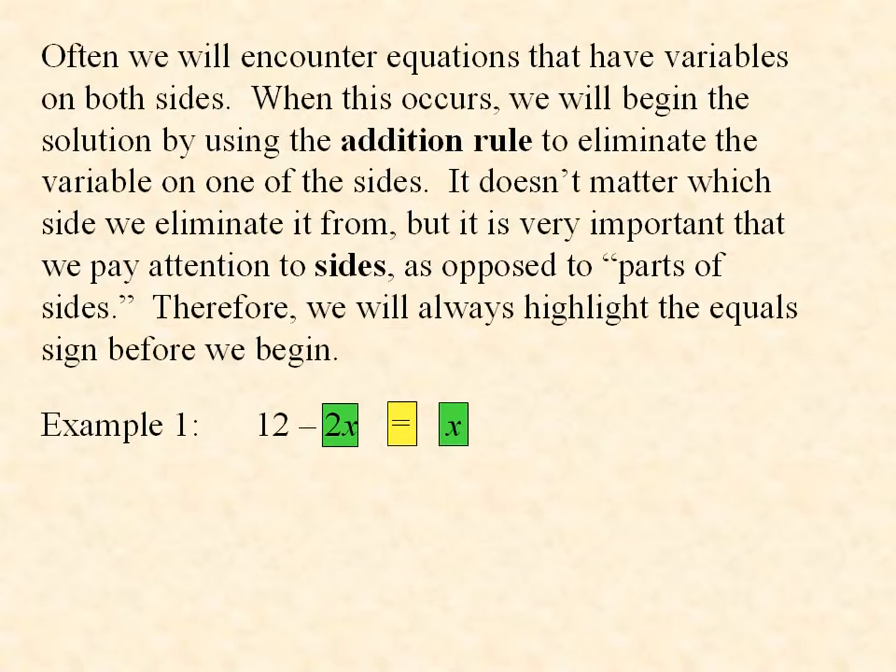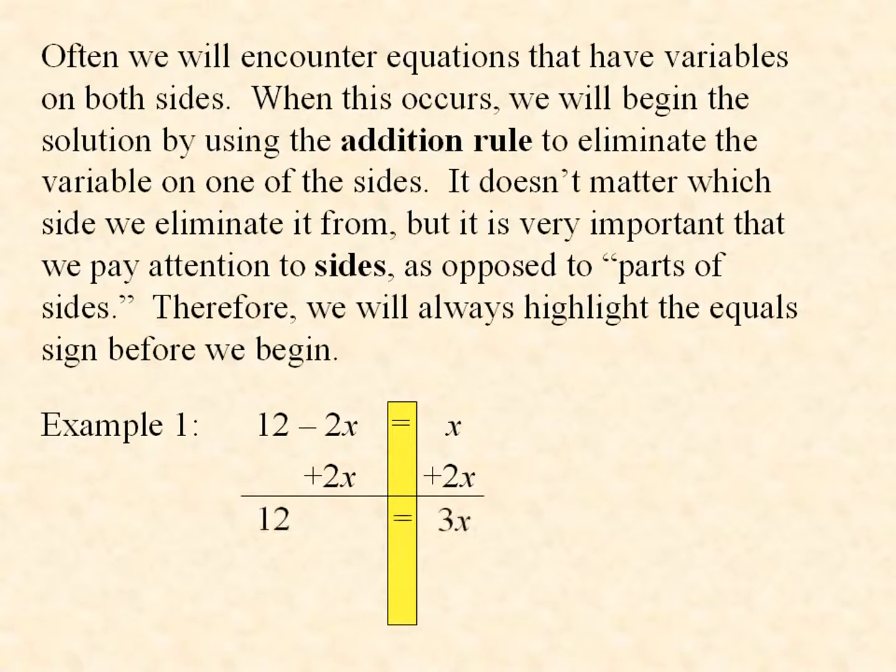We've got 2x on one side and x on the other side. Let's extend that equal sign, and we will add 2x to both sides. That way we get rid of the x on the left side. And we have 12 equals 3x.